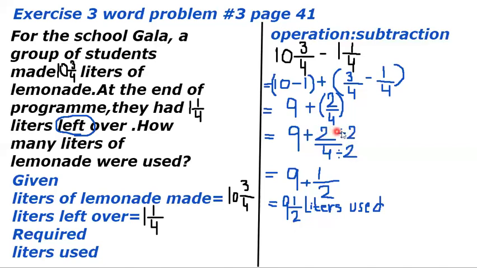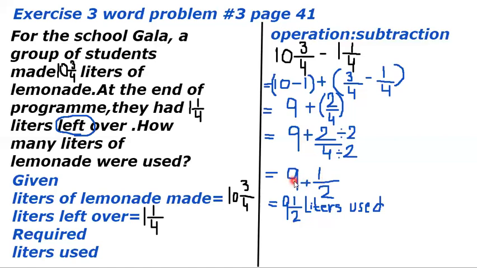Now 2 divided by 2 gives us 1 and 4 divided by 2 gives us 2. This method is called changing a fraction into lowest term. Some students ask why we change a fraction into lowest term. The answer is that when we change a fraction into lowest term, it gives us a meaning. It becomes understandable.